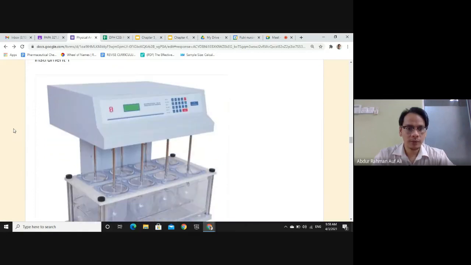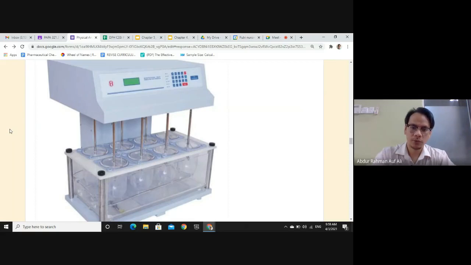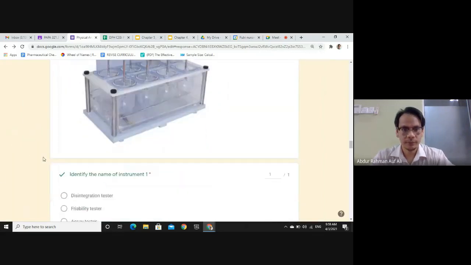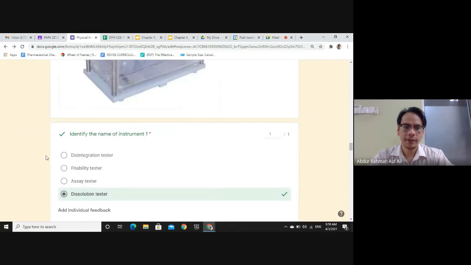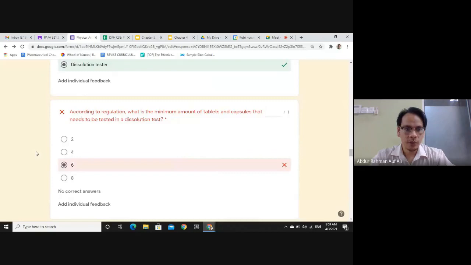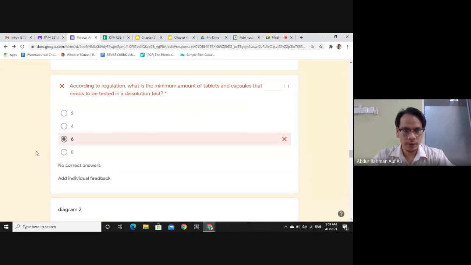Instrument 1. So the next question in this instrument, this is a dissolution tester. Identify the name. Okay, this is a dissolution tester. Next question, according to regulation, what is the minimum amount of tablets and capsules that needs to be tested in a dissolution test?